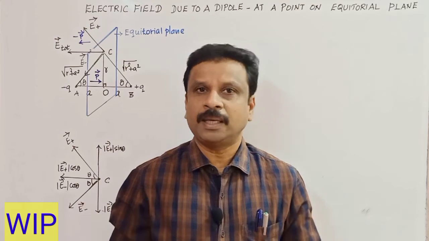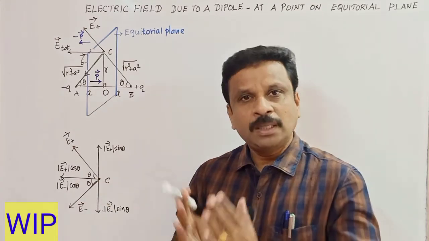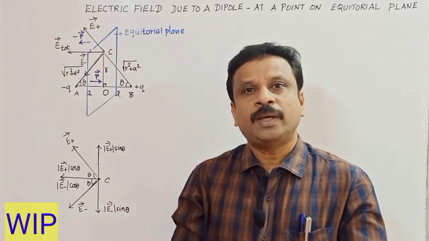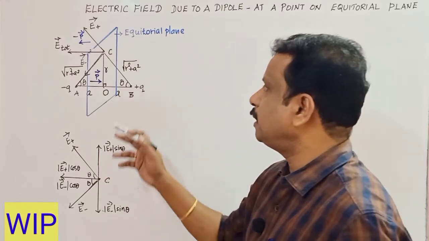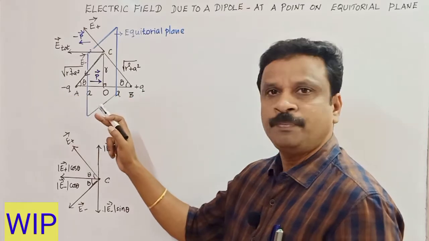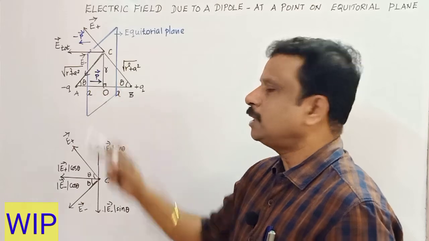We know what an electric field is, we know what an electric dipole is, and how to find the electric field at a point on the equatorial plane. What is the equatorial plane? See here, this is our dipole. We have plus q and minus q separated by a total distance 2a, and O is the midpoint.